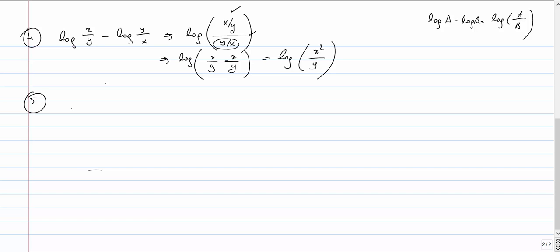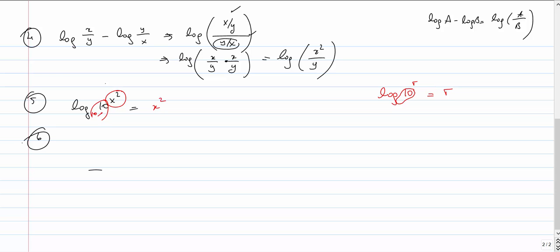Problem 5: log 10 to the power x squared. If the base and the argument are the same, the answer is the exponent. So the property I used here is log 10 to the r is equal to r, because the argument and the base are the same value.